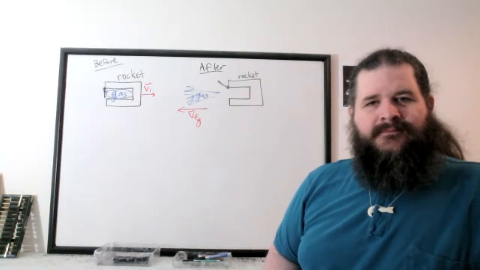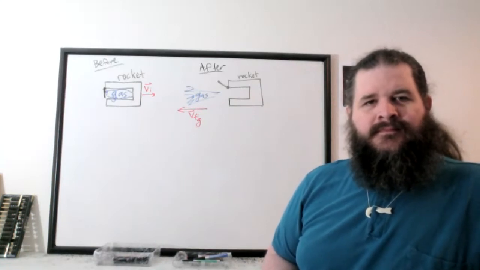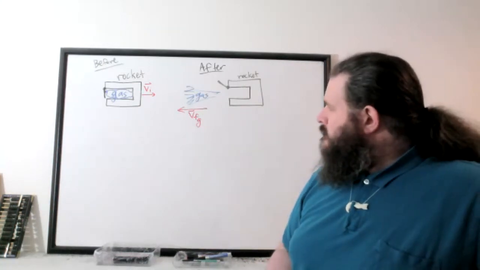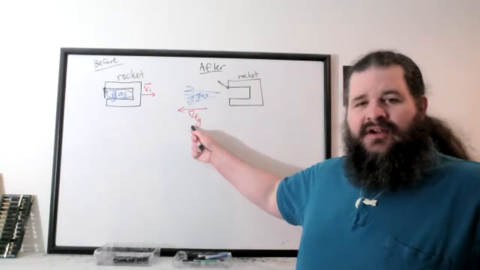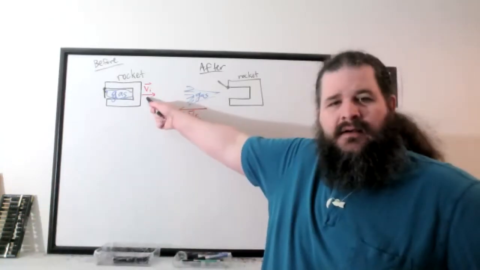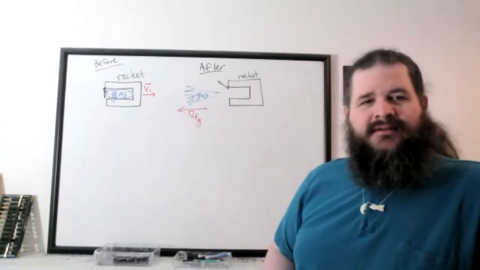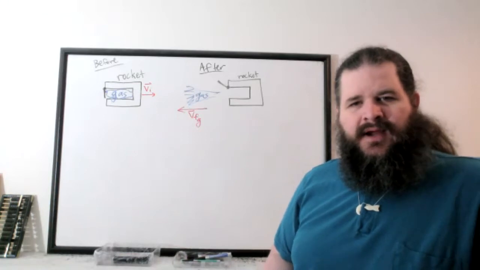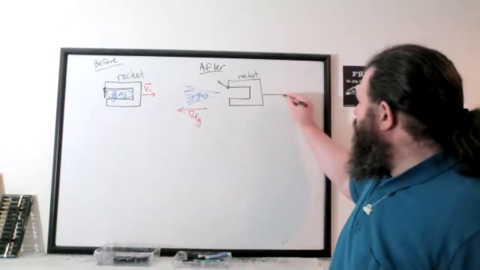It's going to go at V final magnitude, but in the opposite direction. Not exactly the same magnitude necessarily, though. It's definitely moving. And notice that it was already moving to the right. But what's going to happen to its motion? It'll go faster. Presumably it's going to go faster.